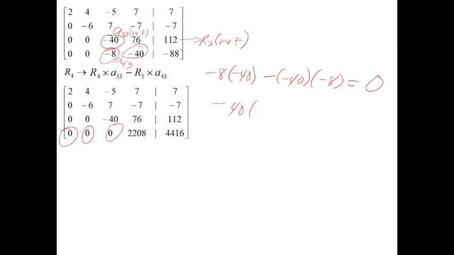Next. Negative 40 times negative 40 minus 76 times negative 8. Ano sagot? 2,208 po, sir. Tama to? Opo. Yes. O, last.